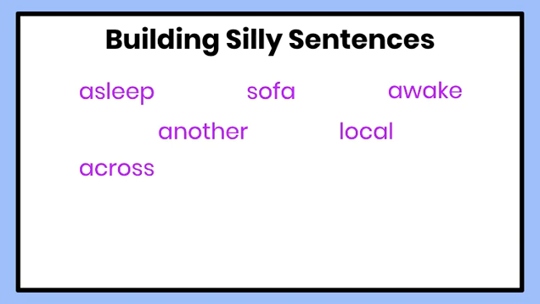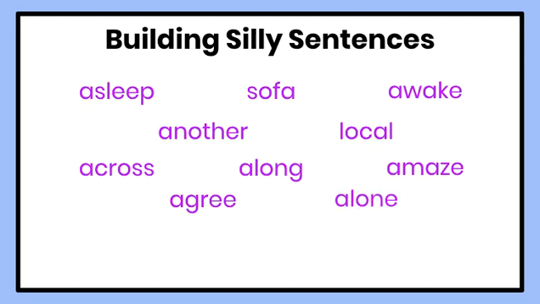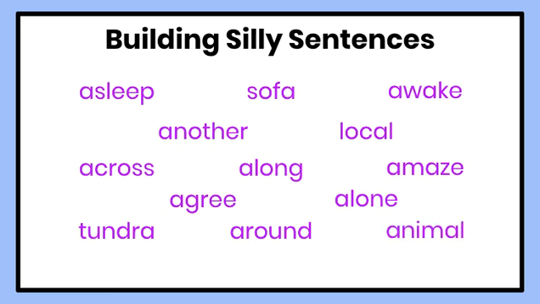These are all great schwa words spelled with our letter A. Let's make sure that you're writing them down yourself too so that you can say them back to yourself and hear that schwa sound that's spelled with an A. Along. Amaze. Agree. Alone. Tundra. Around. An animal. Wow, look at all the words that we've listed.